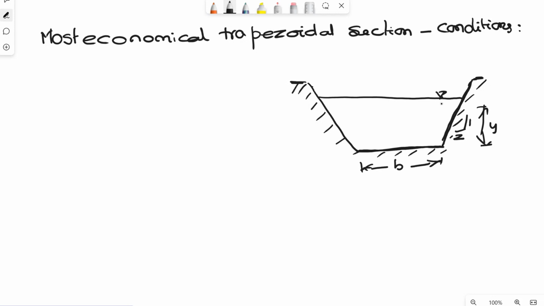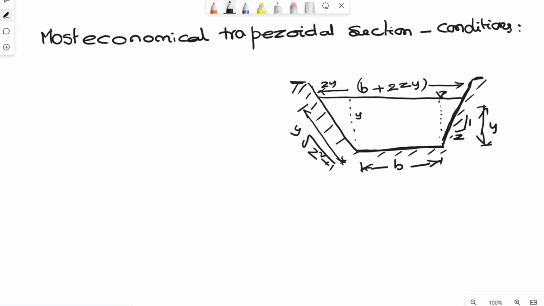I have already explained this when I was talking about the geometrical proportions. The central portion is B and the other two portions on both sides are zy, so the total top width will be B plus 2zy. The side slope distance is the square root of zy squared plus y squared, that is y into square root of z square plus 1.